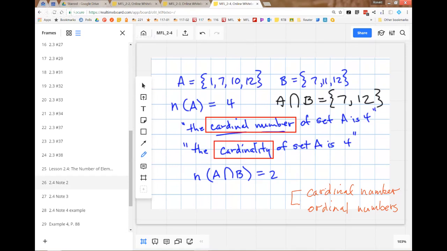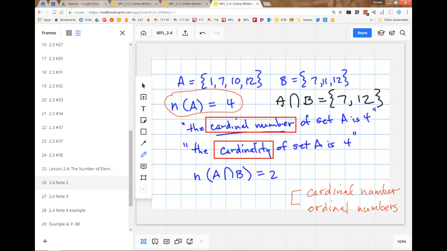All right. So now on the rest of the slide, I've got an example. Set A has the elements 1, 7, 10, and 12. And as you can see, set B has the elements 7, 11, and 12. Now here's the notation you're seeing for the first time, that I'm circling, that says the cardinal number for set A is 4.